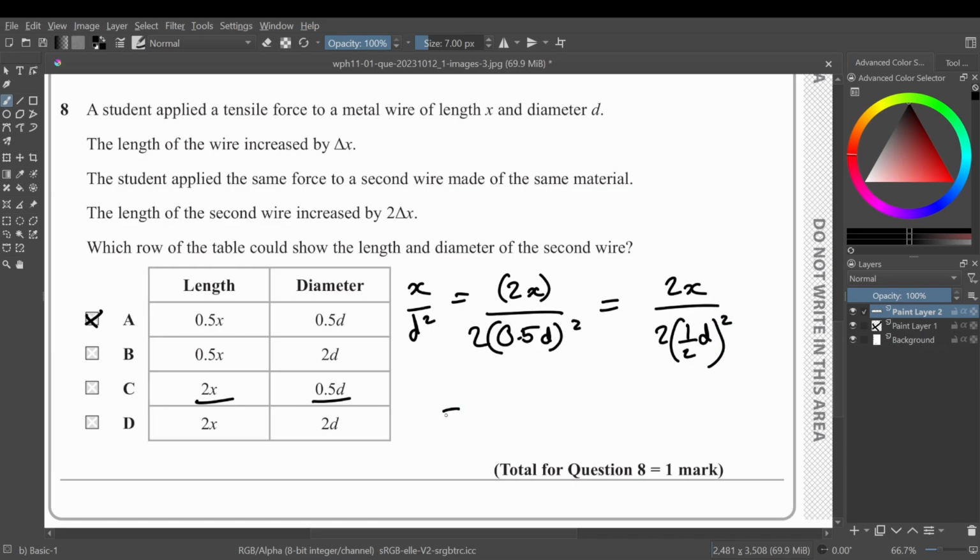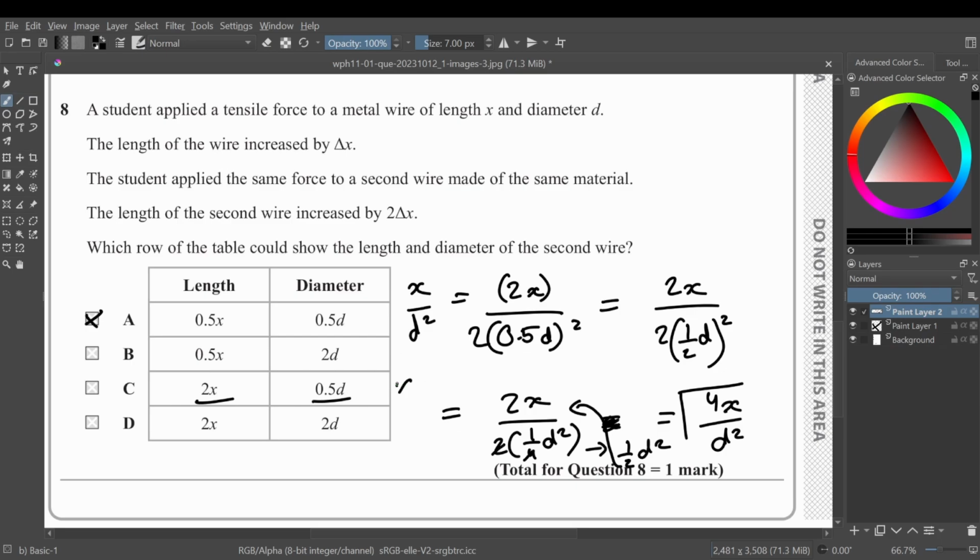So it will become 2x by 2 times 1 by 4 d square, and it cuts from here and will become 1 by 2 d square. So now this 2 will go up here, this 2 will go up here, so it will be 4x by d square. Still doesn't match, so option number C is also incorrect.